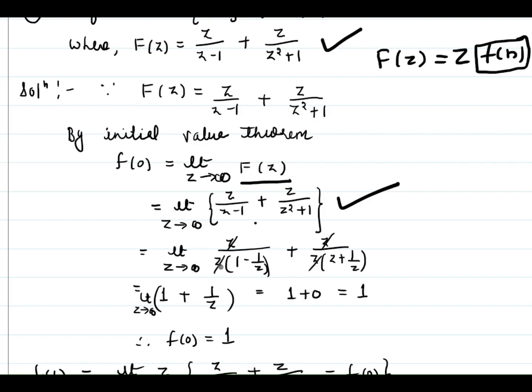And since 1 upon z is 0, substitute 0 here, so we get 1 plus 1 by z, and again 1 by z is 0, so you have the value 1. So for this particular question, the initial value f(0) equals 1.